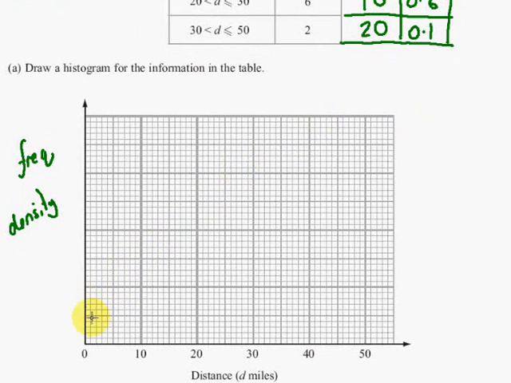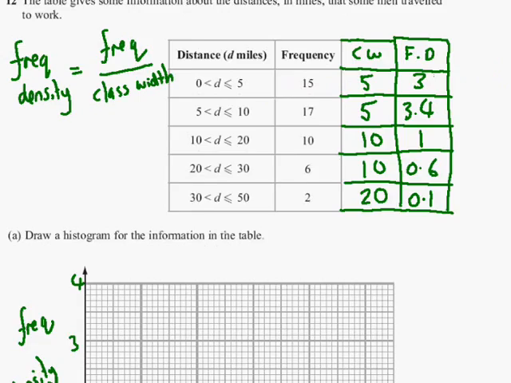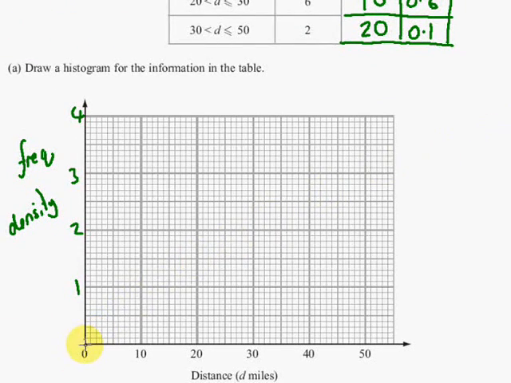So let's have a look at this scale. So 3, so how about 1, 2, 3, that works nicely. So 1, 2, 3, and 4, I think that works very well. So from 0 to 5, the frequency density is 3, so we need a bar of that thickness.